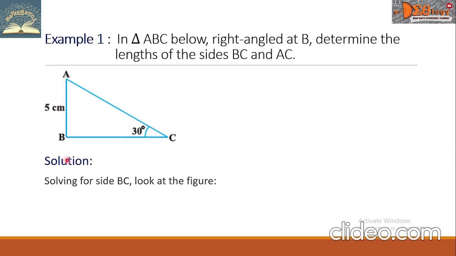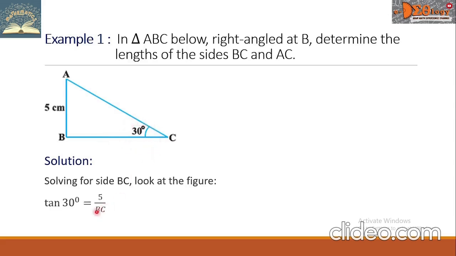Side AB is 5 cm. This side is the opposite of the angle C. We want to look for the side BC. BC here is the adjacent side of the angle 30 degrees. Let us relate the opposite and the adjacent sides with respect to the given angle 30 degrees.